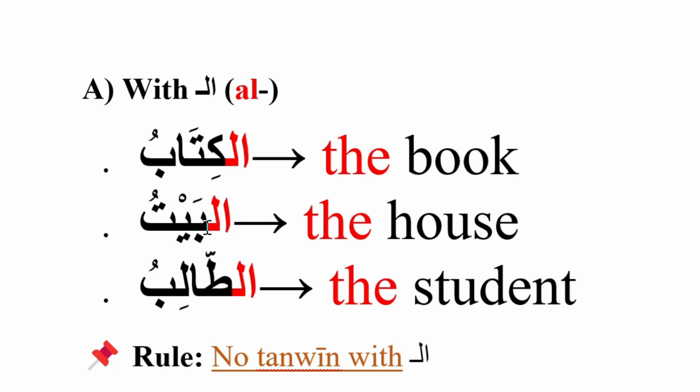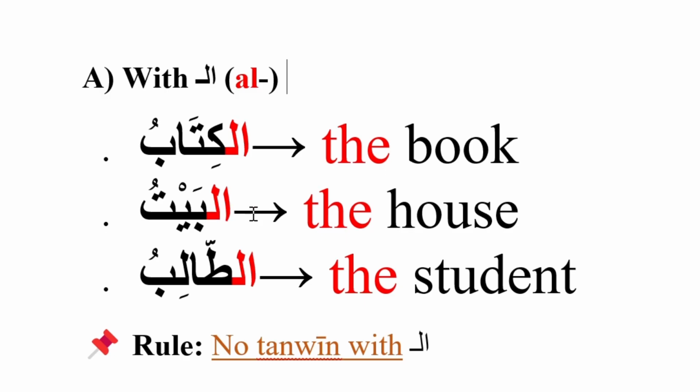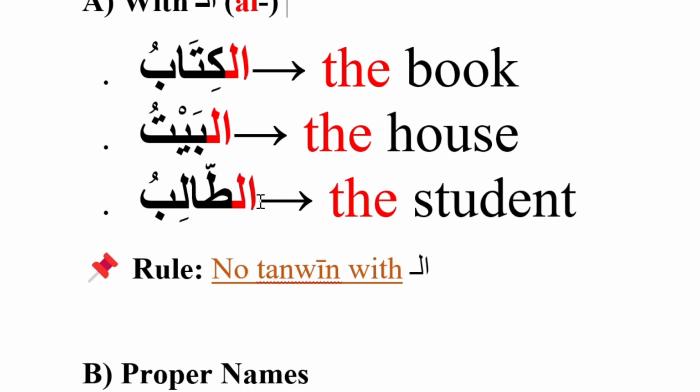We have added alif and lam here. طالب will be الطالب, and there is no tanween, of course. At the end of this word we don't say الطالبُ with tanween, but with one single dhamma, because we talk about معرفة here.